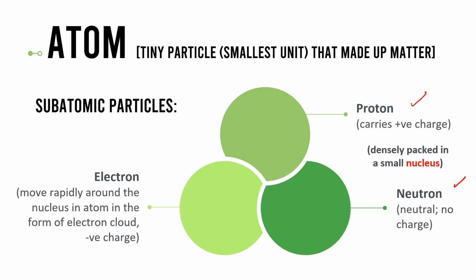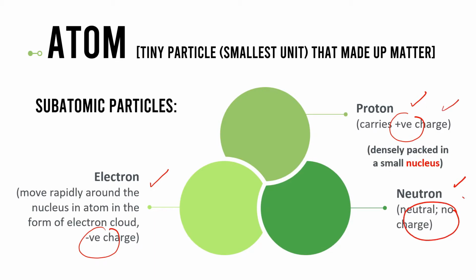They are densely packed in the nucleus. Meanwhile, the electron is located outside the nucleus, to be specific in its orbit, and electrons are moving around the nucleus. Electron carries negative charge, proton carries positive charge, and neutron has no charge, which is neutral.